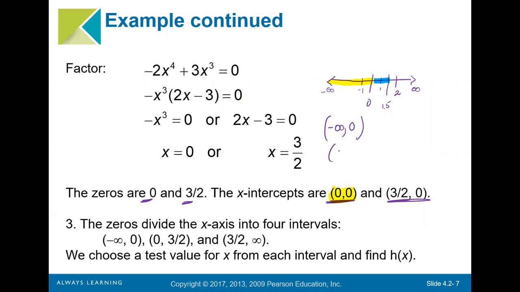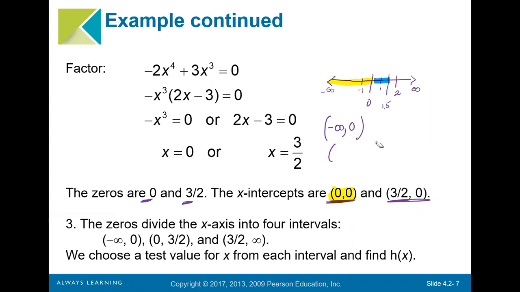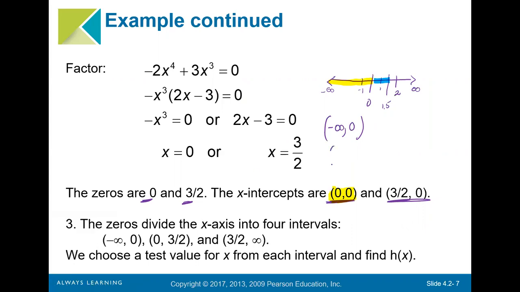So I got 0 to 3/2. Write it back in the same notation, guys. Oh, it was X, so my apologies, I got my ordered pair flipped. No, that's right. I'm writing it how it is on the number line. I'm just writing what I'm seeing on the number line and in that format.